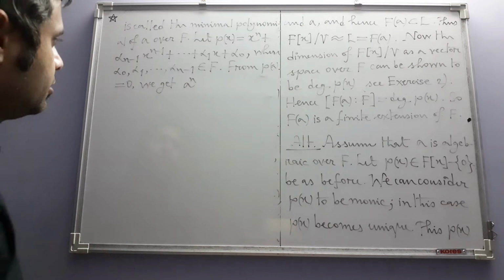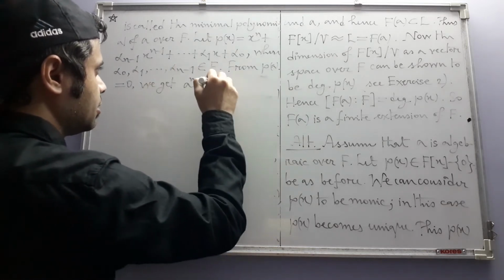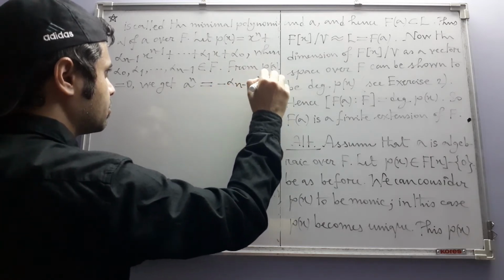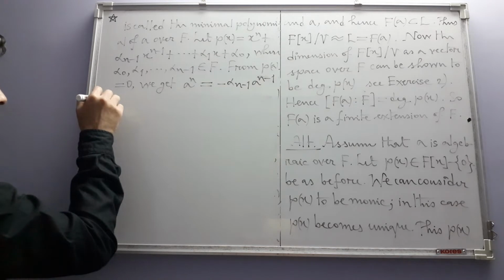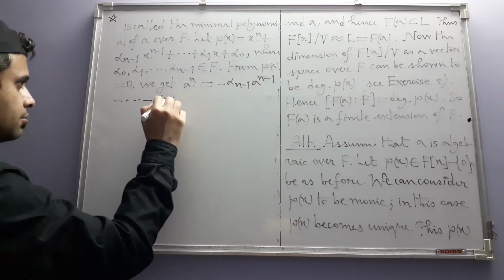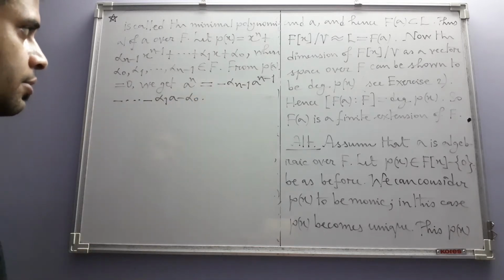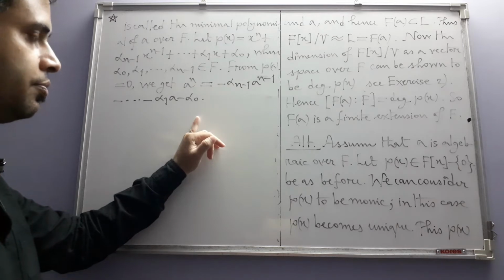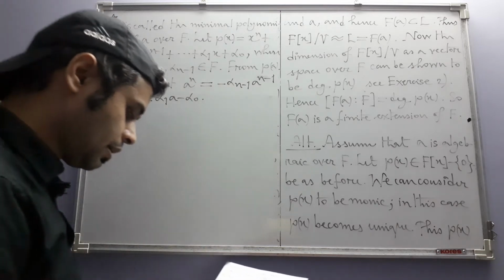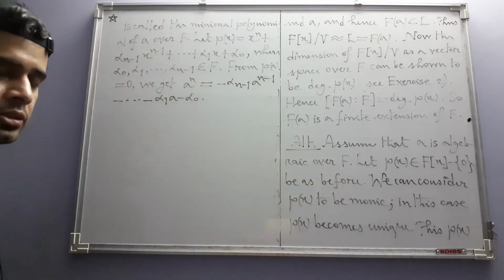From that we can write A to the power n equal to minus alpha n minus 1 A to the power n minus 1, etc., minus alpha 1 A minus alpha naught. And this relation allows us to say some things about the higher powers of A.